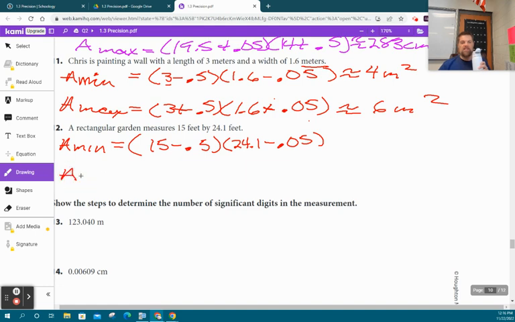And let's write this out. So the area max is going to be the same thing, except we're going to add 0.5 instead of subtracting. And in this one, we're going to add 0.05. So plug those in your handy-dandy calculators and tell me what you get.